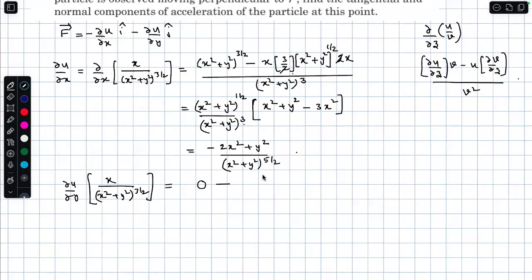The second term also is the same: x times 3/2 times (x² + y²) whole to the power of 1/2 times 2y, divided by (x² + y²) whole to the power of 5/2.